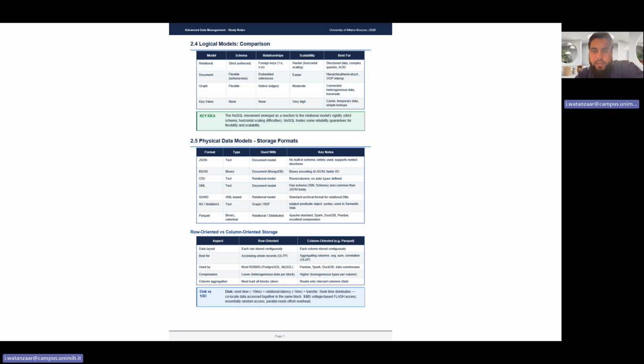ACID is atomicity, consistency, isolation, and durability, which we will discuss in the next lecture on transactions. ACID is useful for the relational model. Examples are MySQL, MariaDB, and PostgreSQL.